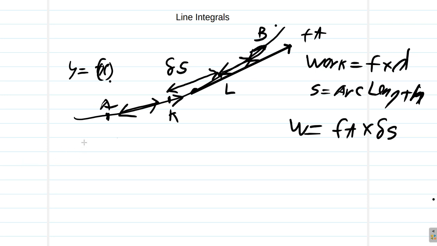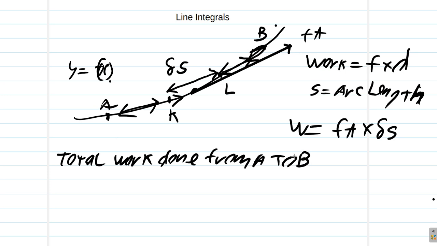You want to find the total work done. From A to B, as you move from A to B, what is the total work that is done? Well, it would be the sum of Ft times delta S. Because you have an Ft times delta S here, you have an Ft times delta S here, another one here, another one here. Alright? You keep adding them up.